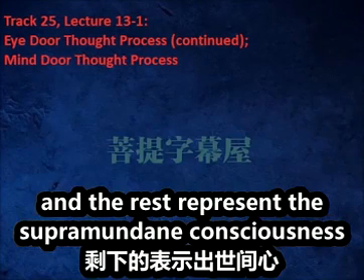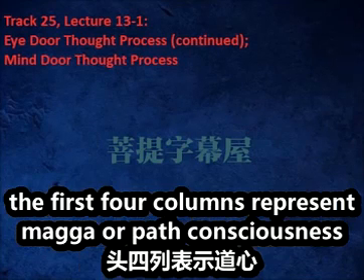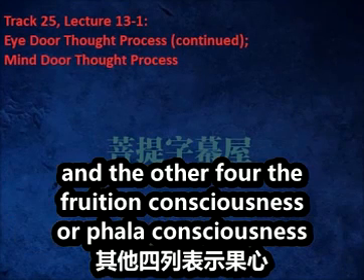And the rest represent the supramundane consciousness. The first four columns represent magga, or path consciousness, and the other four the fruition consciousness, or phala consciousness.